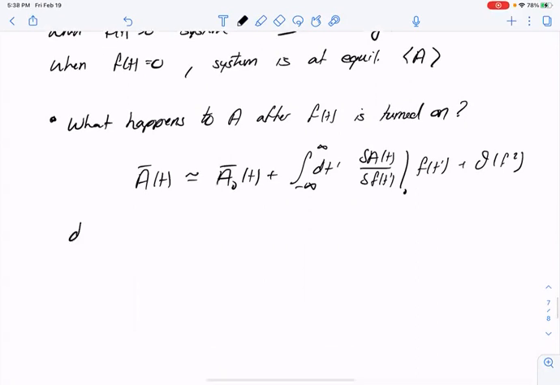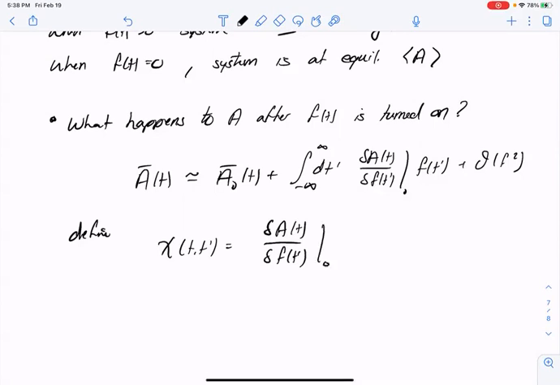Now let's define chi of t and t prime as that functional derivative, defining the response function, how A responds to F in the absence of the force.